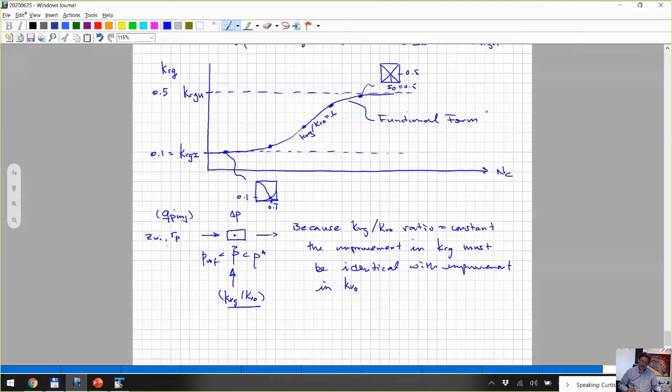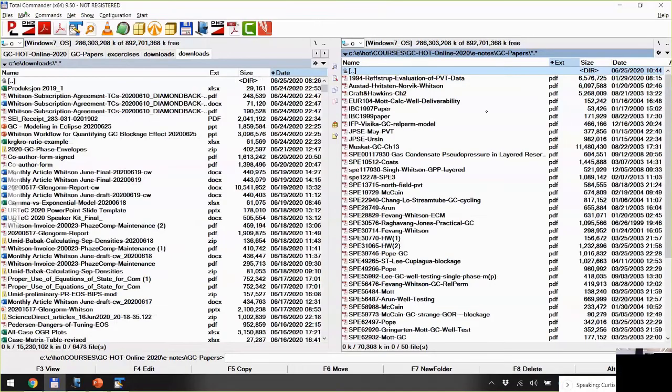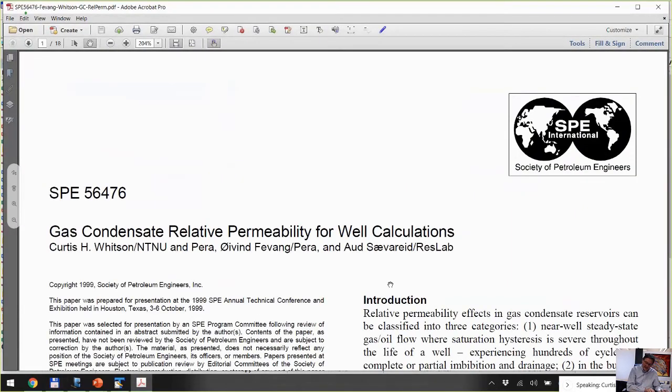I don't remember it, so I'm going to have to go find this paper here. It's somewhere.